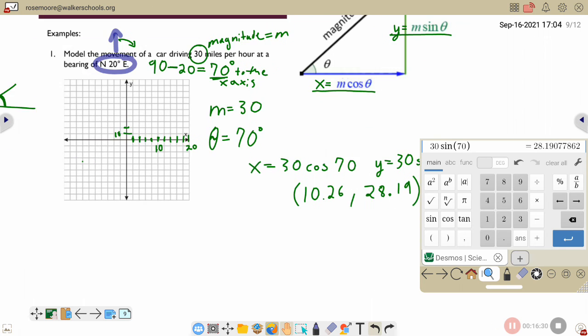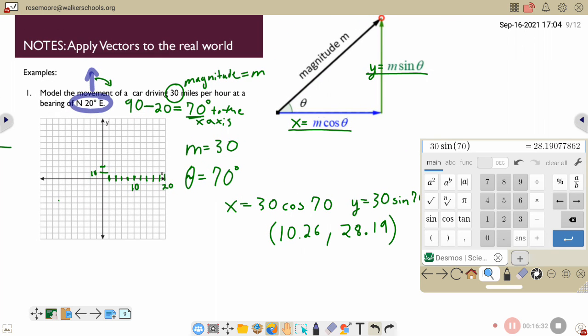Okay, I'm tortured. Now, looking at it, is 20 going to be enough? Nope. Okay, I need to fit nearly 30 on there. So, I'm going to go by 3s.